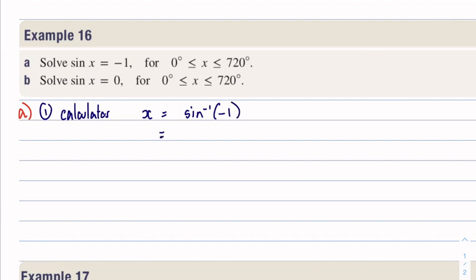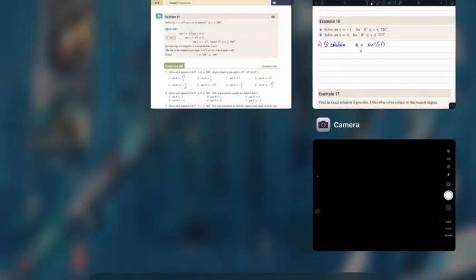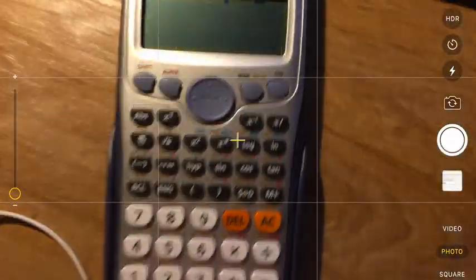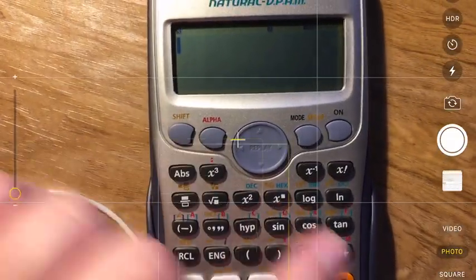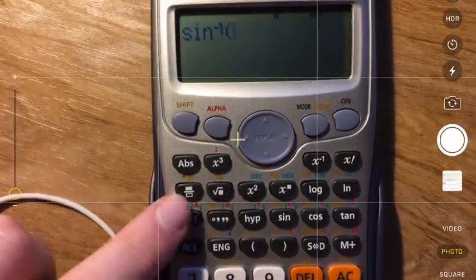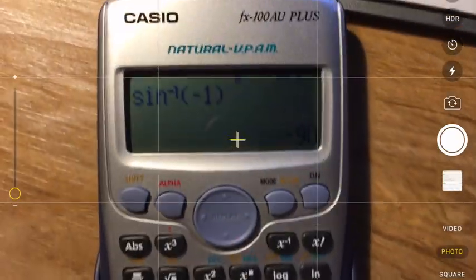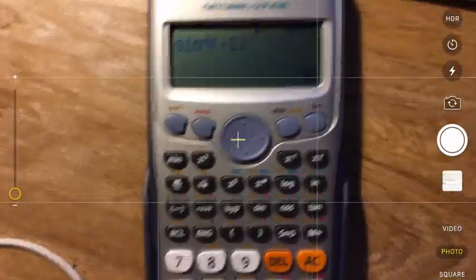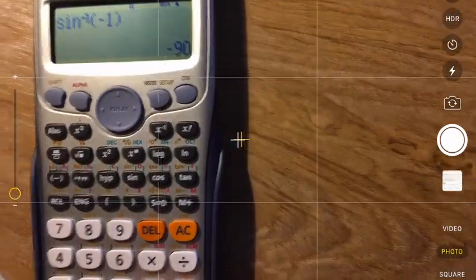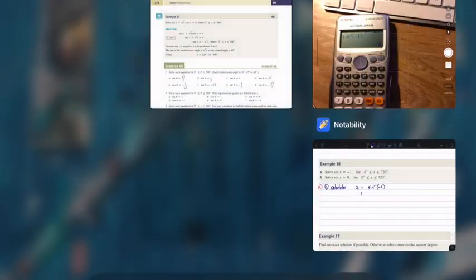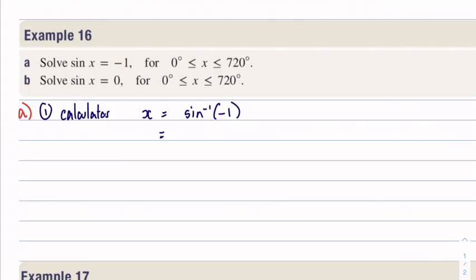And that comes out in our calculator, so we've got sine to the minus 1, negative 1. And it comes out as negative 90. See that? Yeah, there we go. It comes out as negative 90, yeah? X equals negative 90. So to diagram.